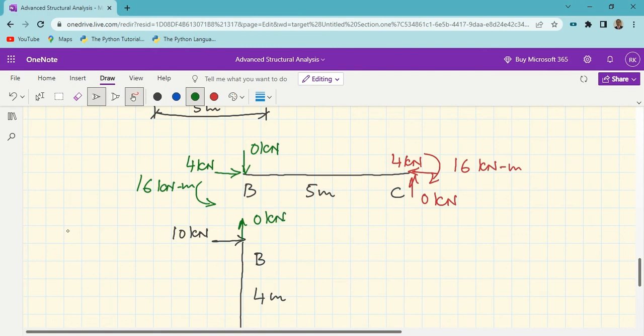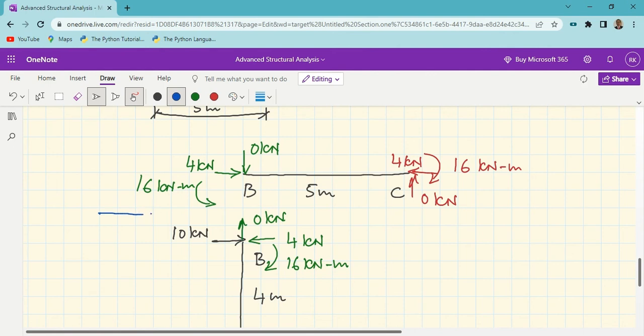This 4 kilonewton acting towards right, to balance joint B, because joint B is also in equilibrium, I need to transfer as 4 kilonewtons acting towards left. And this 16 kilonewton meter acting anti-clockwise, I need to transfer as 16 kilonewton meter acting clockwise at B. So this is how I have achieved the static equilibrium of joint B.